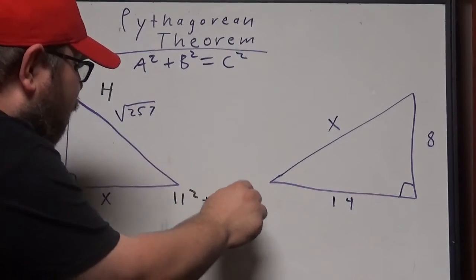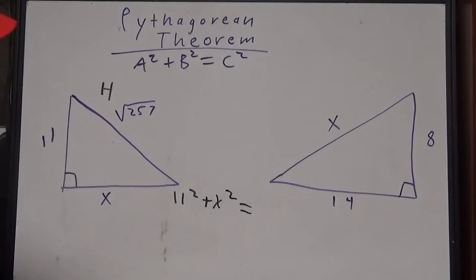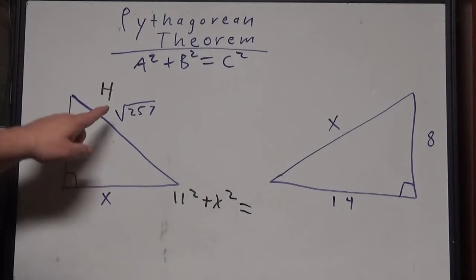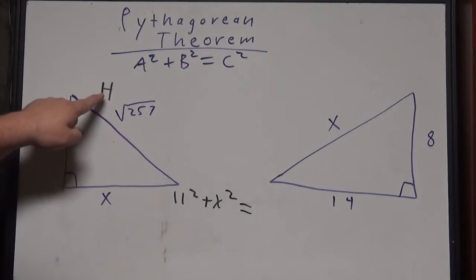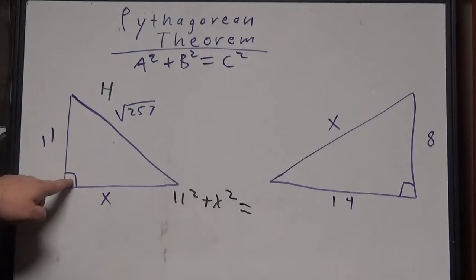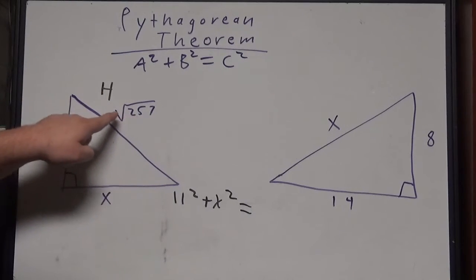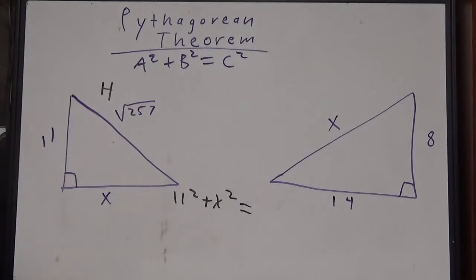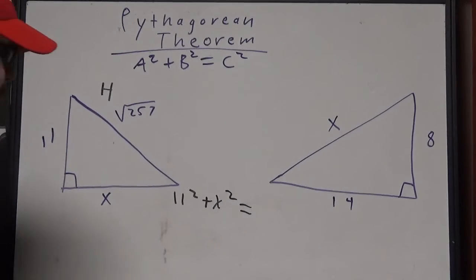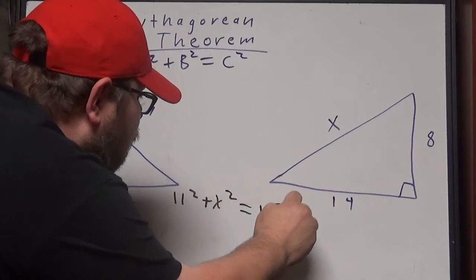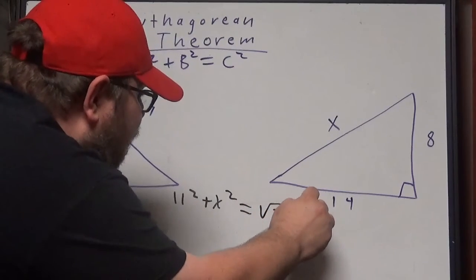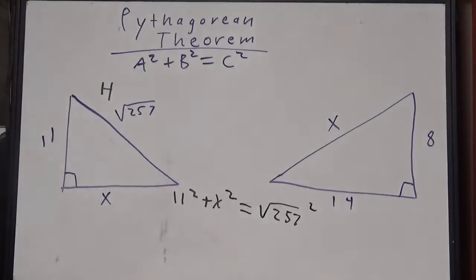We're going to find out. That's going to be our goal. And then we're going to do the hypotenuse squared. The hypotenuse, not touching the right angle, right now has the symbol square root of 257, and that is squared: square root of 257 squared.